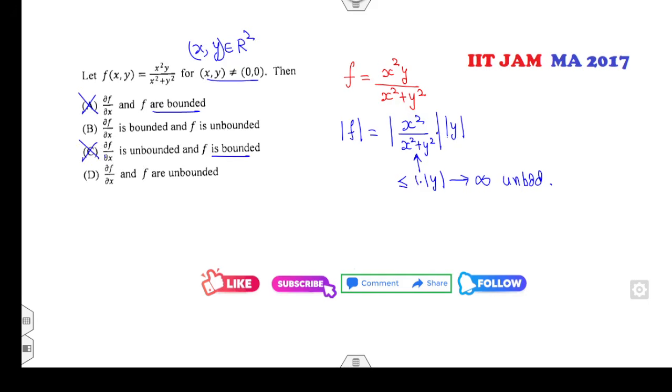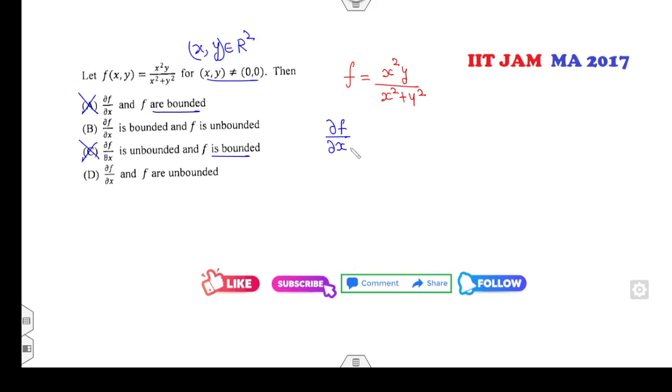Fine. Now we can calculate the partial derivatives. The partial derivative is not asked at any particular point, so we have to do it in a general manner. So that will be 2xy over x square plus y square plus, I can apply the product rule. Fine. So that will be minus 2x cube into y.